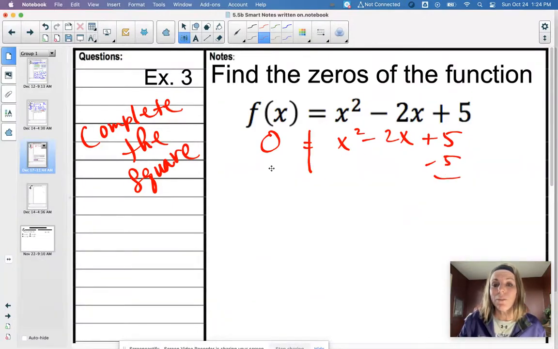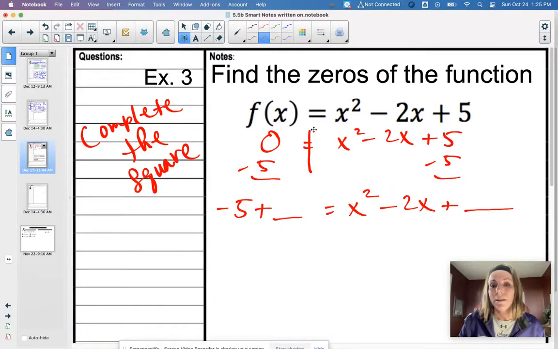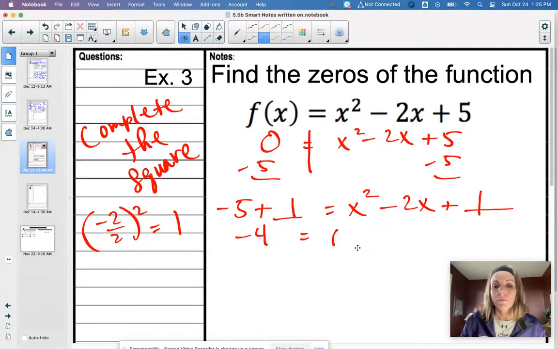So I'm going to subtract 5. And I already know a is 1. So now I can get ready and add the b over 2 squared, which is just 1. And now I can factor then into x minus 1, x minus 1.